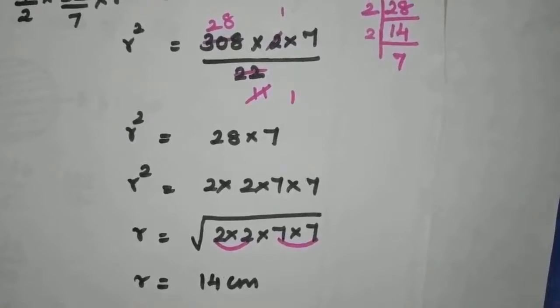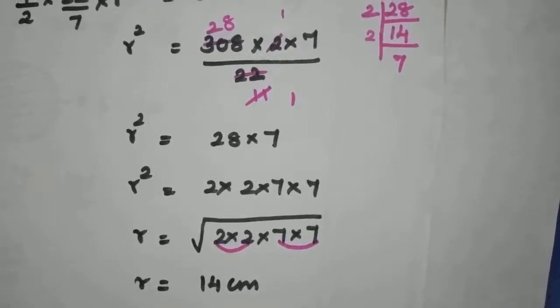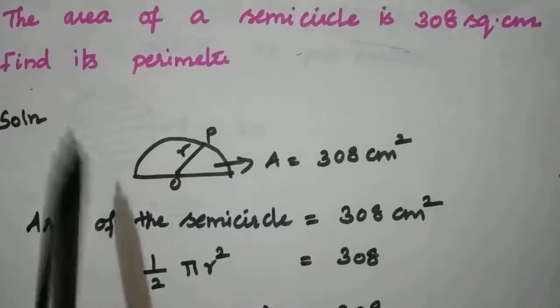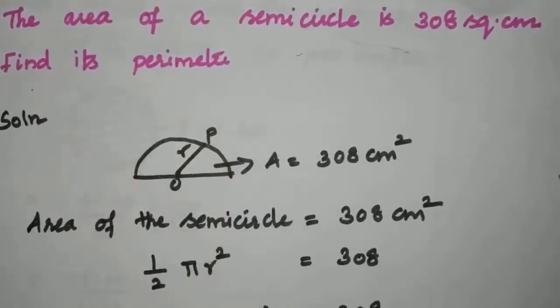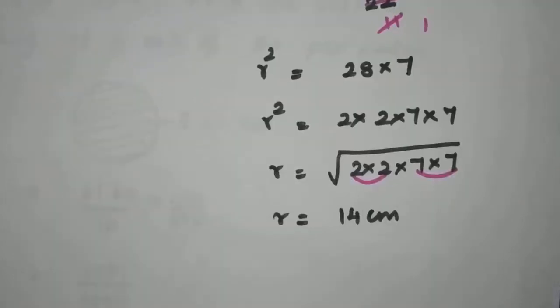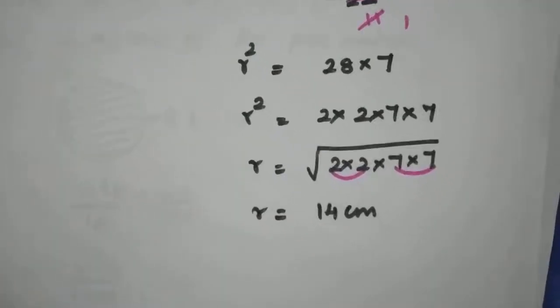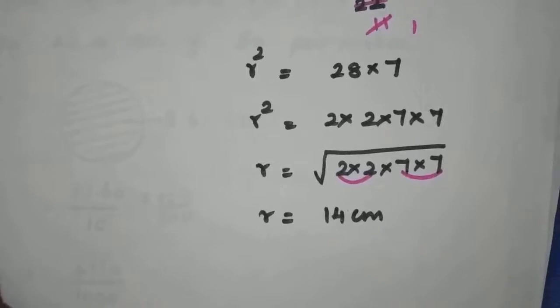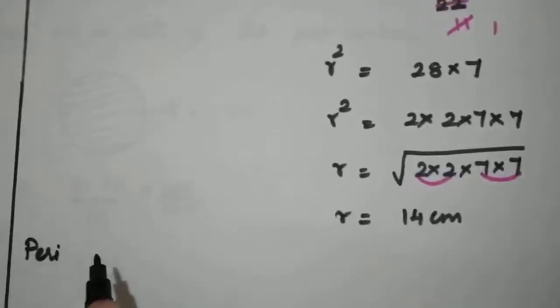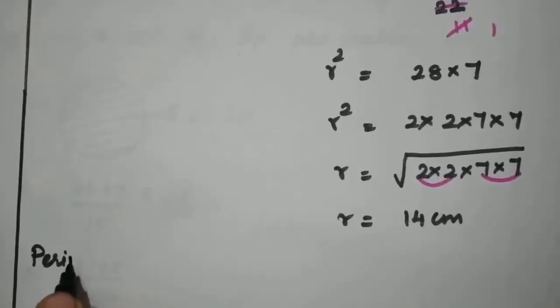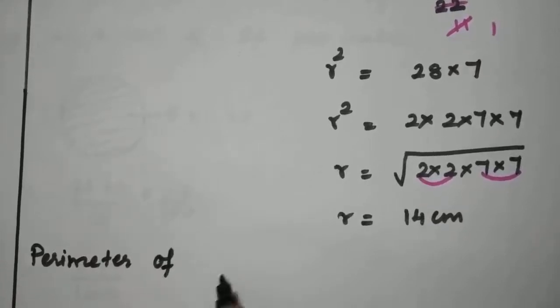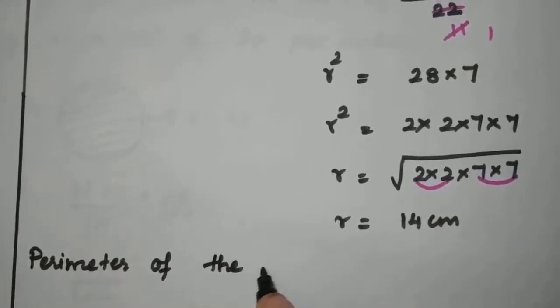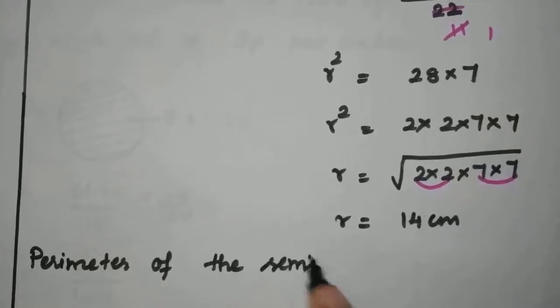What is the next step? In the question, they ask you to find the perimeter of this semicircle. Now we have to find the perimeter of this semicircle. What is the formula to find the perimeter of the semicircle?